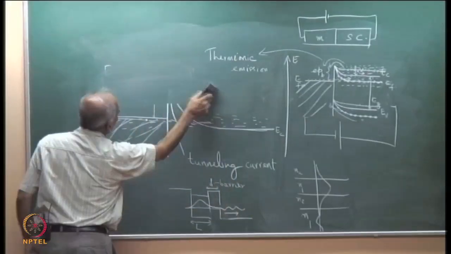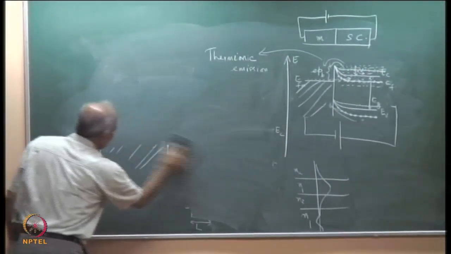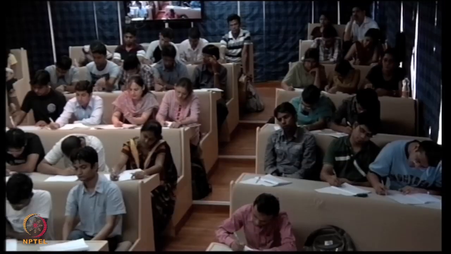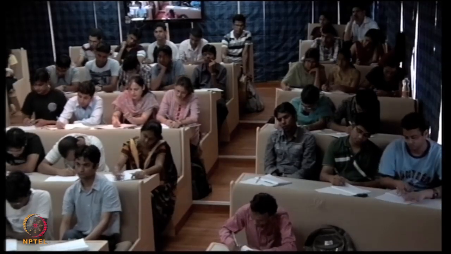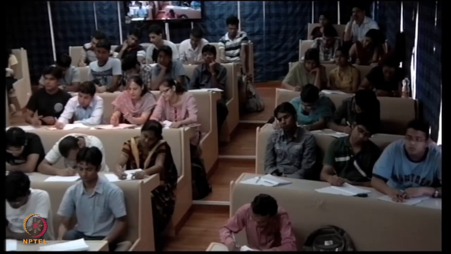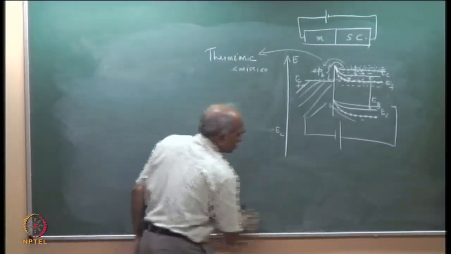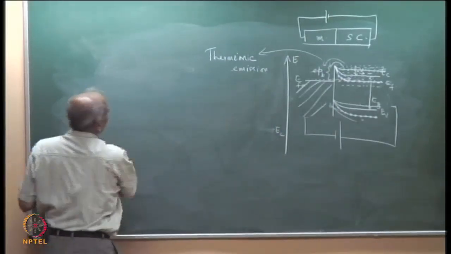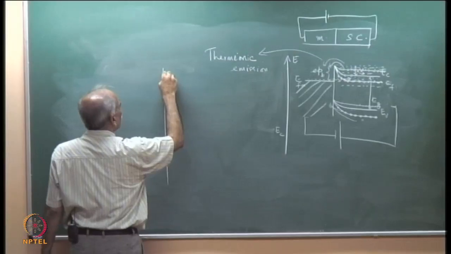How? Let me draw the energy band diagram corresponding to the metal and a highly doped semiconductor right here. And then we see that the forward current is through. So, we have the metal, this is the barrier.